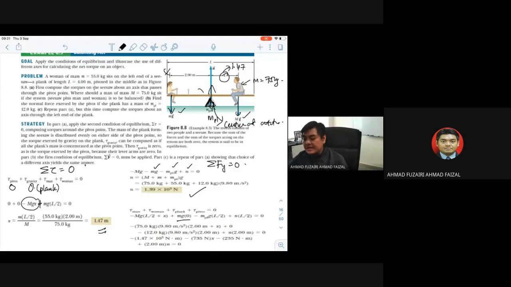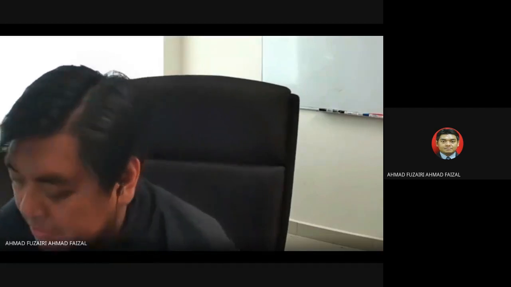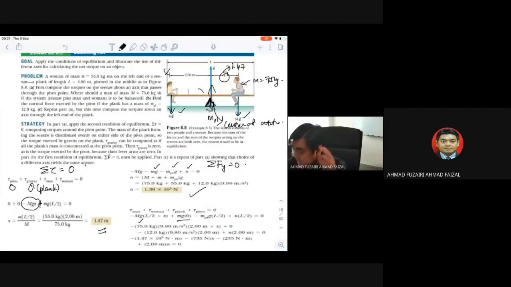So everything yang lain kena calculate, negatif mg kali dengan L per 2 campur X. Apa maksud L per 2? Jarak lelaki tadilah. Jarak lelaki tadi bahagi dengan 2 meter dikalikan dengan X. 2 campur X je, senang. Dan plank pun kena calculate sebab sekarang ni axis of rotation dia dah tak duduk dekat pivot, tapi duduk dekat perempuan. Jadi penting kita kena faham ya.